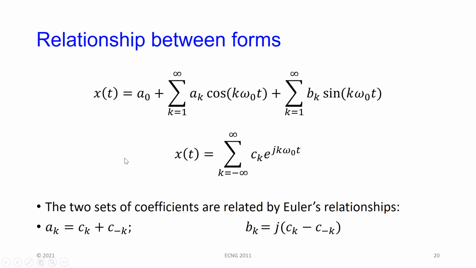So again, the relationship between the two forms, you have both forms here. And of course, the coefficients are related. The AKs and the BKs are related to C by this form, the two small equations down at the bottom here.